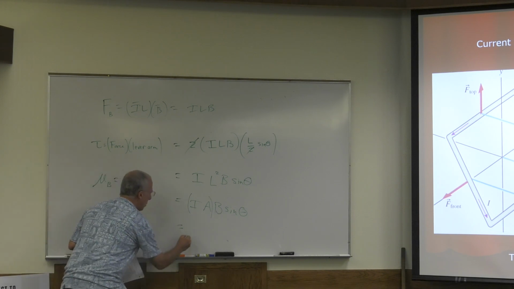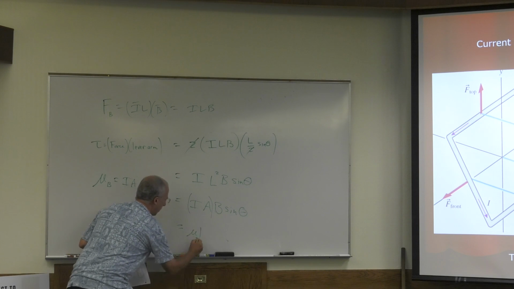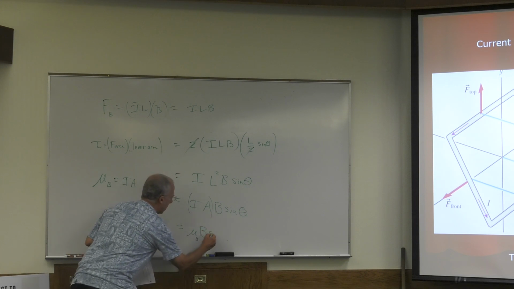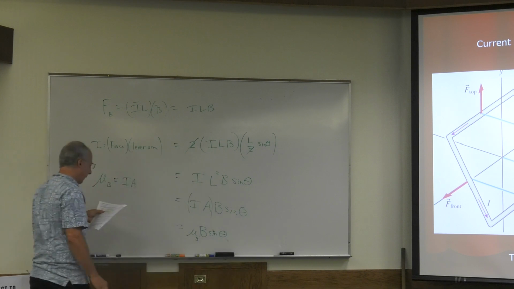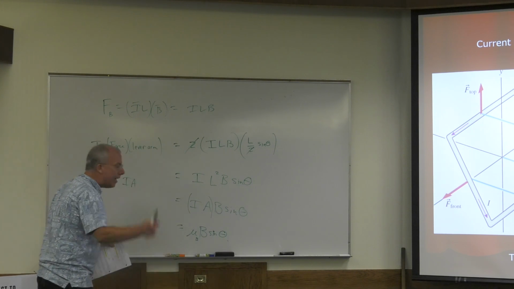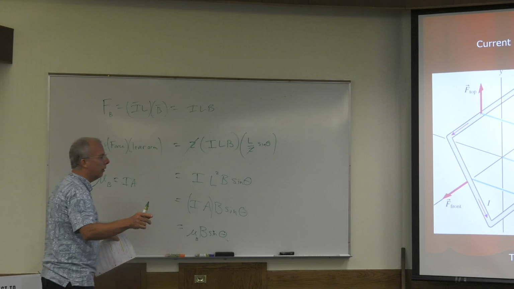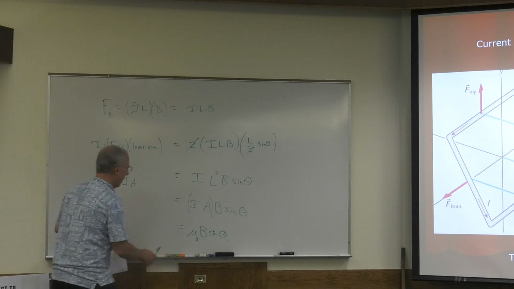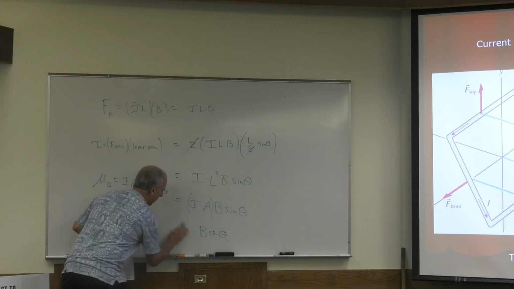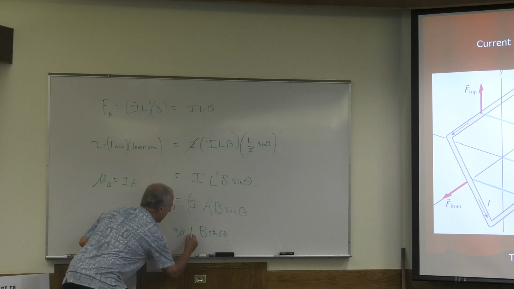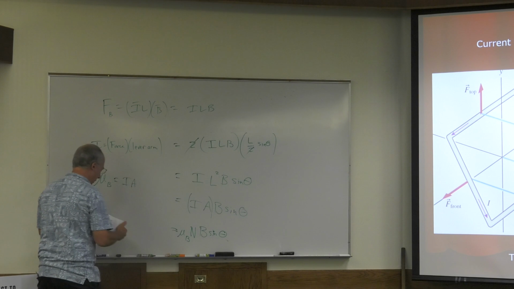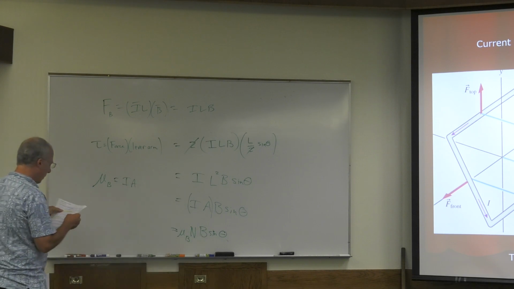So it's mu B sine theta. If you had N loops, one super long wire but N loops, it would just be multiplied by N. So it'd be N mu B sine theta.